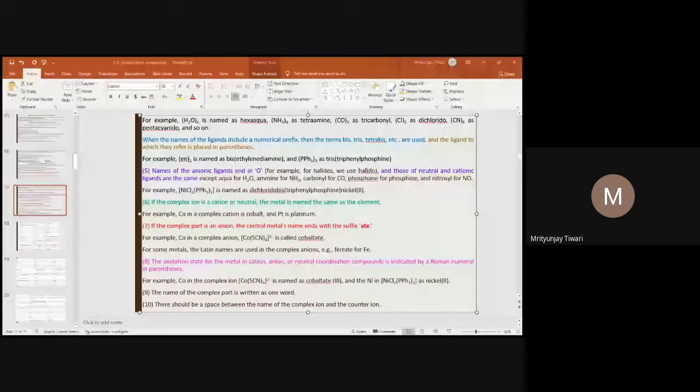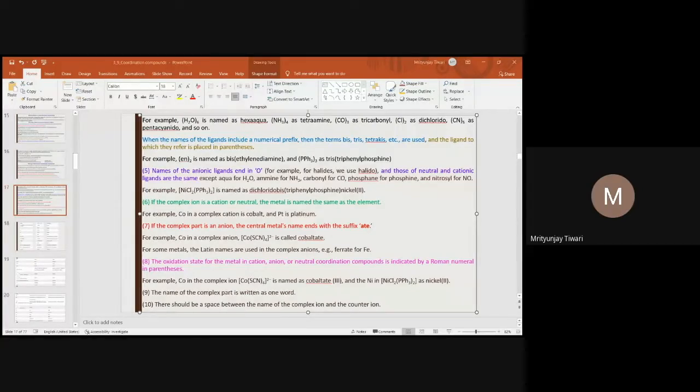In this example, you see molybdenum. It is electrically neutral, so we simply write molybdenum. However, if the complex entity is anionic, then, as you see, in the cationic case cobalt is written simply as cobalt.